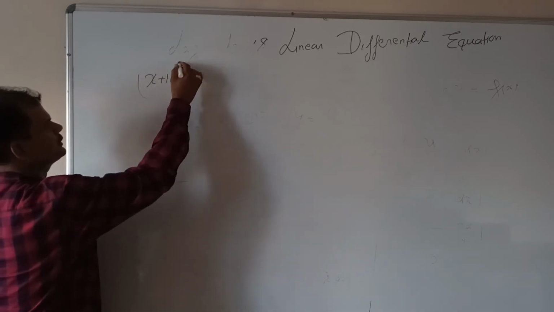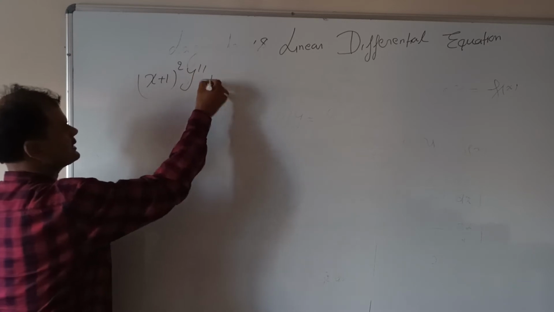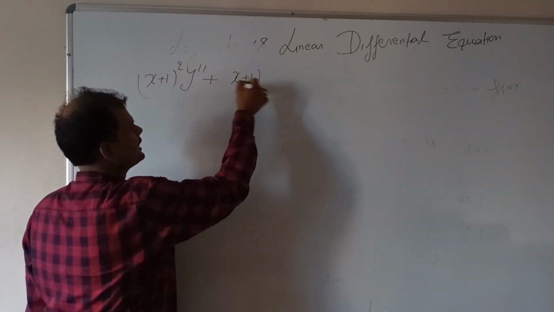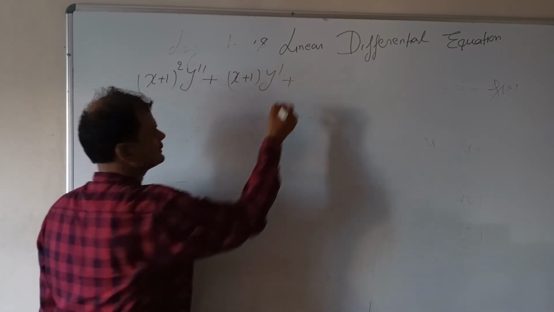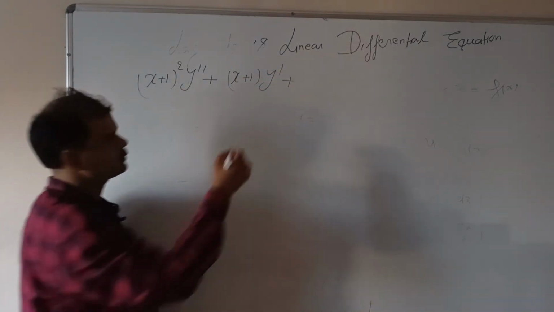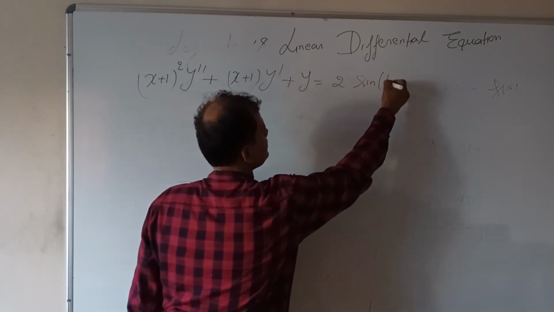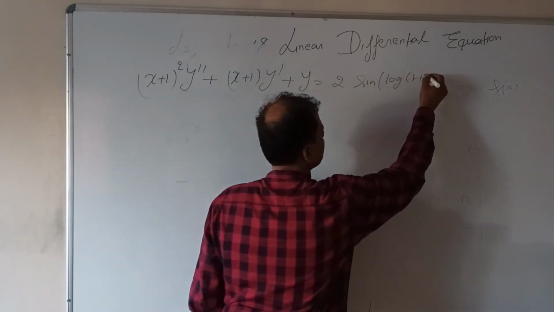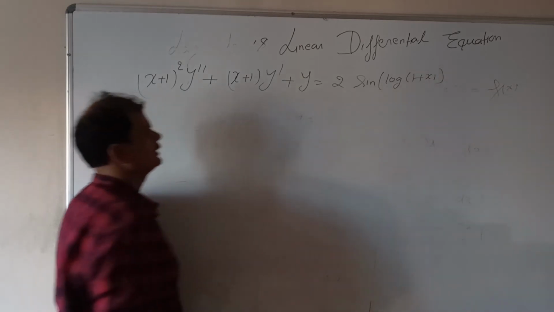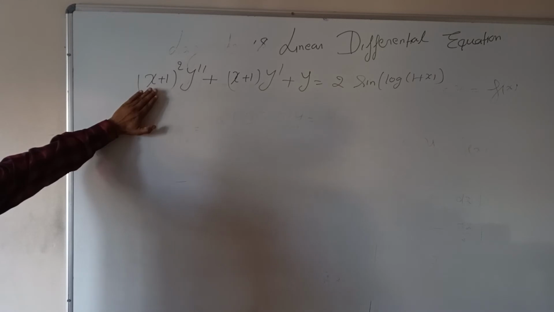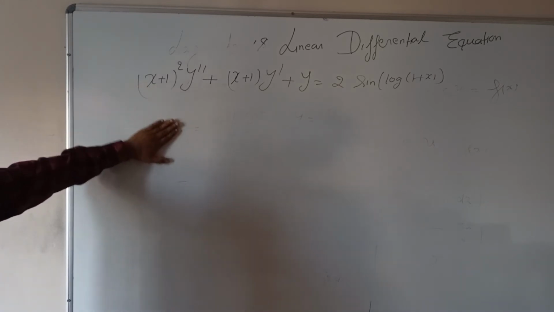Okay, so I have one problem here. (x plus 1) whole square y double dash plus (x plus 1) y dash plus y equal to 2 sin log(1 plus x). So here ax plus b, a equal to 1, b equal to 1. So what is the transformation?